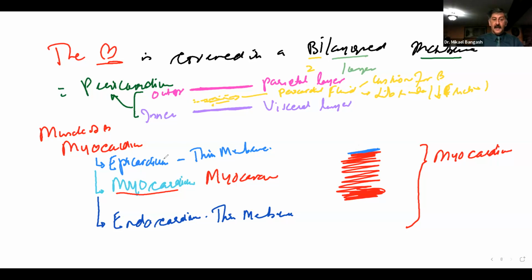Whereas on the inside of the heart, as we pass through the thickness of the muscle, there is going to be a thin membrane that we will call the endocardium. Did you guys get that? Yep.